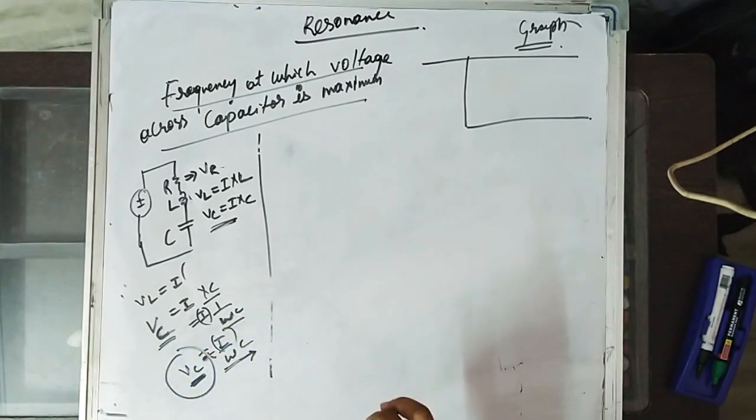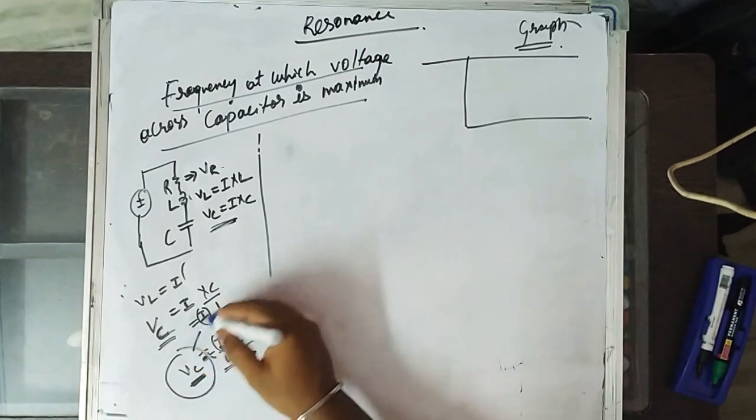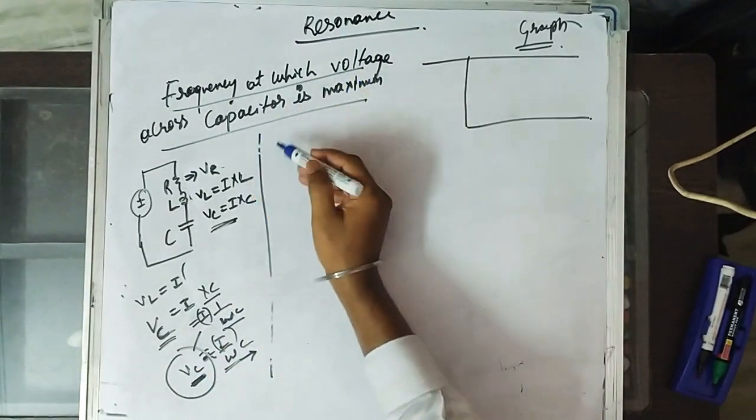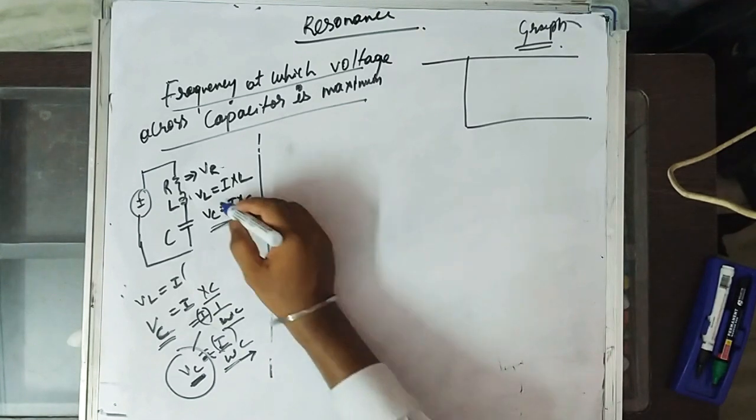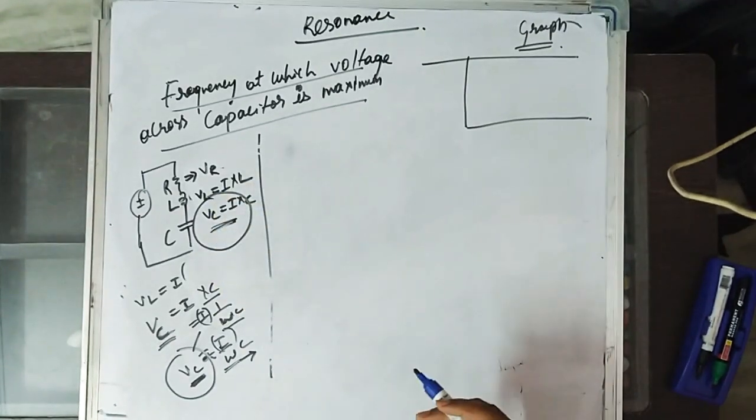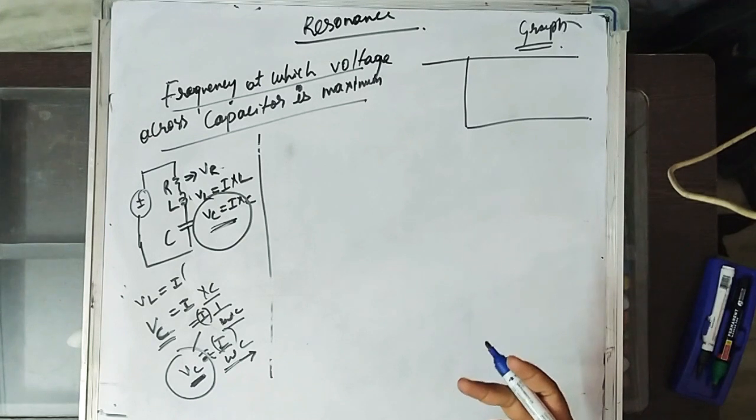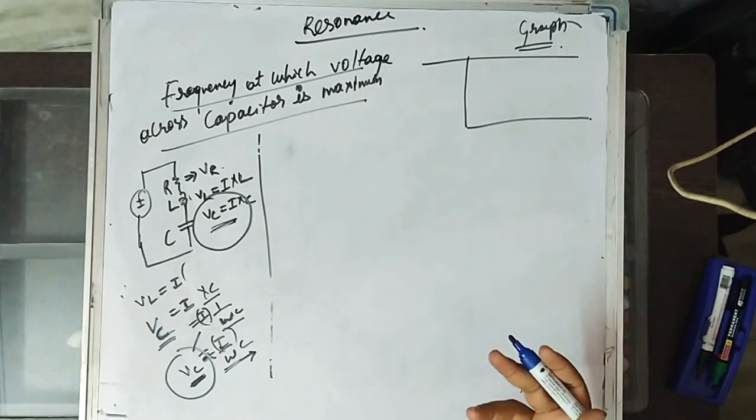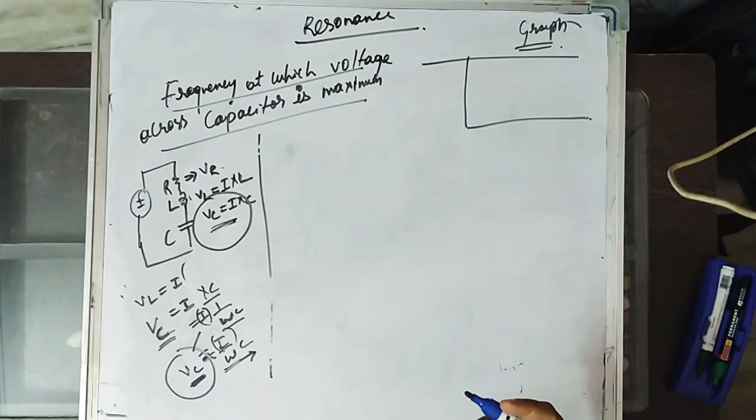But at one frequency, the voltage across the capacitor will be maximum. That is not the resonance frequency, but we are willing to find it. While varying the frequency, we are not only supposed to see whether the circuit becomes resonant, but also what responses we get in between.